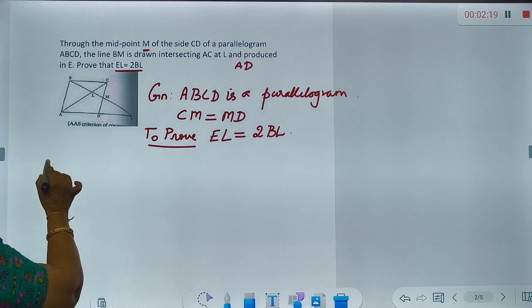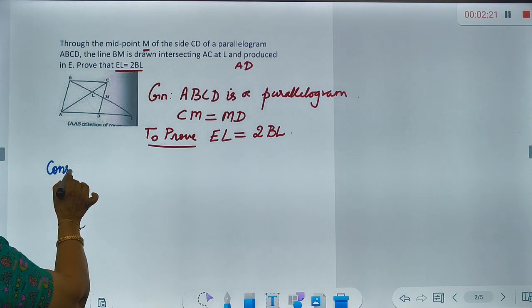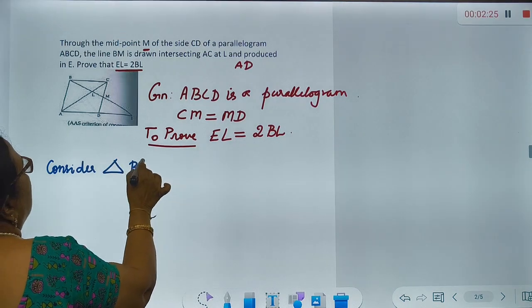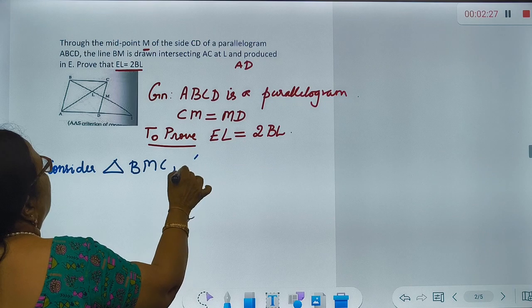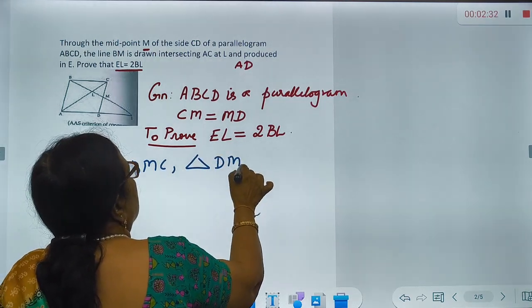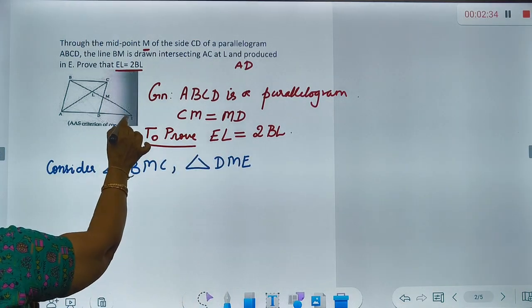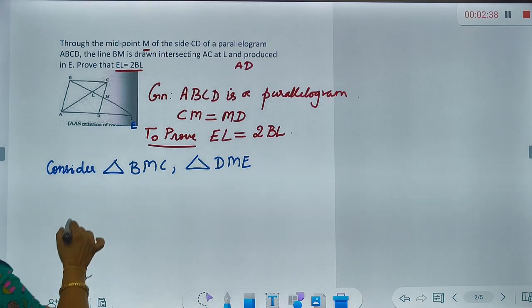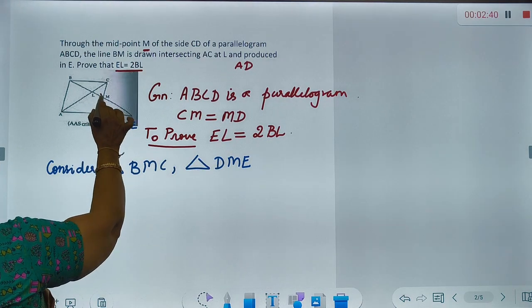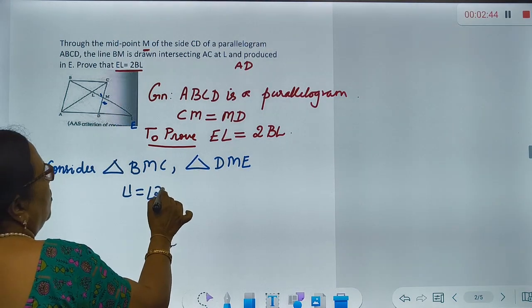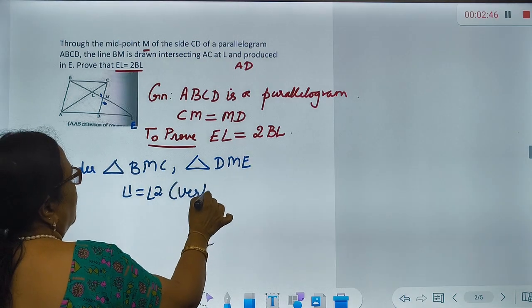For this, let us first consider triangle BMC and triangle DME. This is E. Now, angle 1 is equal to angle 2 because they are vertically opposite.